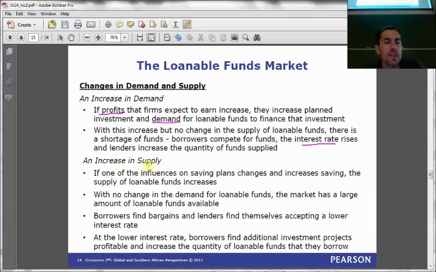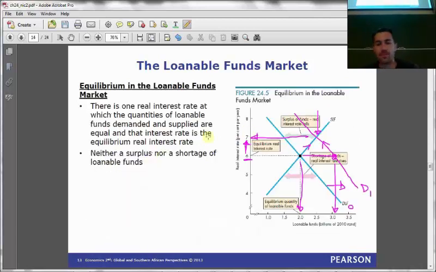If we have an increase in supply, so instead of our demand curve shifting, our supply curve shifts to the right. If the supply curve shifts to the right, at our initial equilibrium interest rate, would we have a shortage or would we have a surplus of funds? We would have a surplus of funds. In other words, there would be too many funds supplied, right? The quantity supplied would be greater than the quantity demanded at the initial equilibrium interest rate.